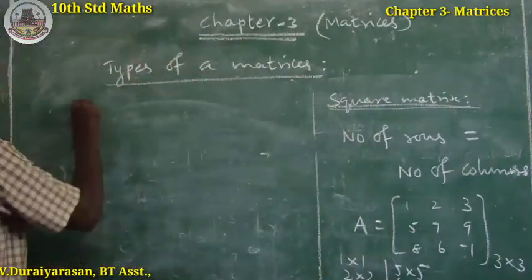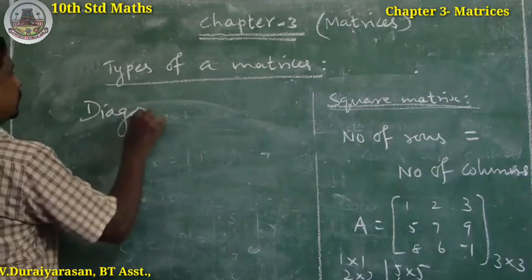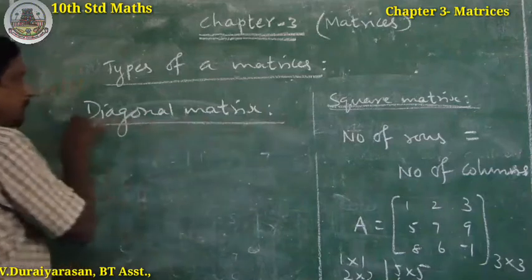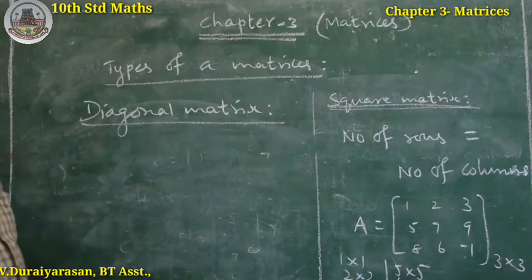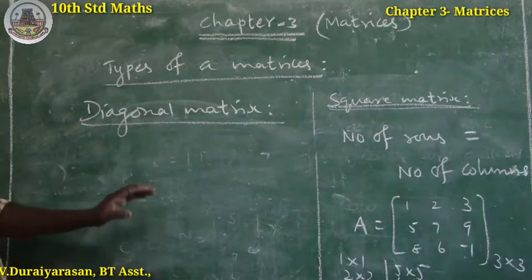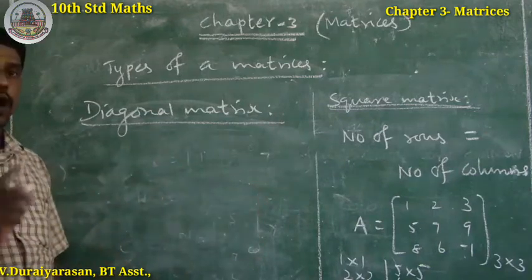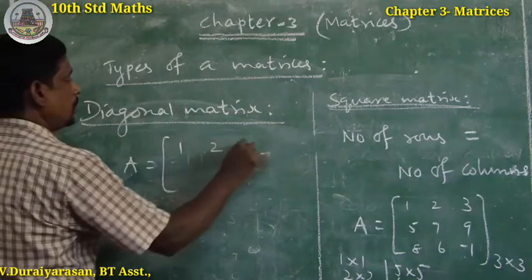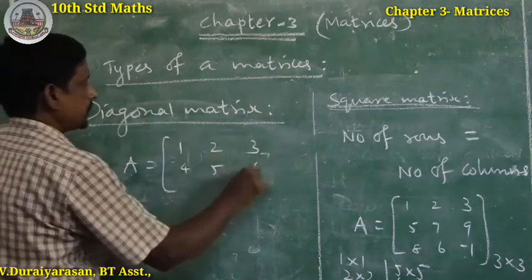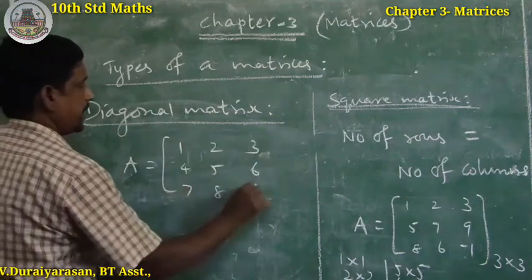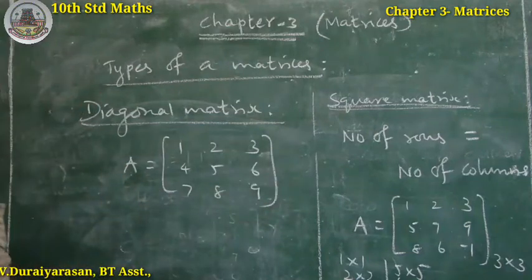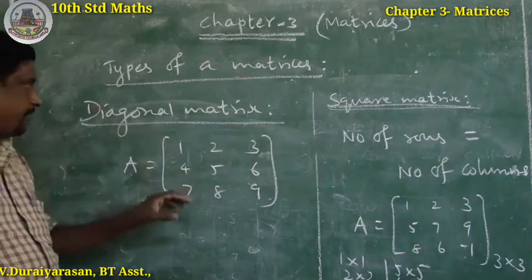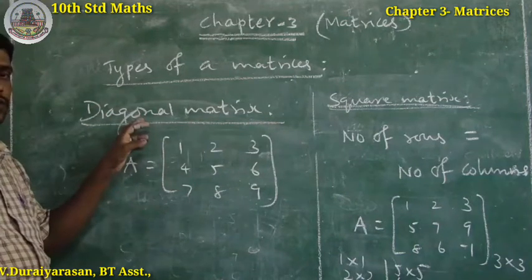Next, diagonal matrix. First of all, the given matrix is a square matrix. A is equal to 1, 2, 3, 4, 5, 6, 7, 8, 9. Let us consider two conditions for a diagonal matrix.